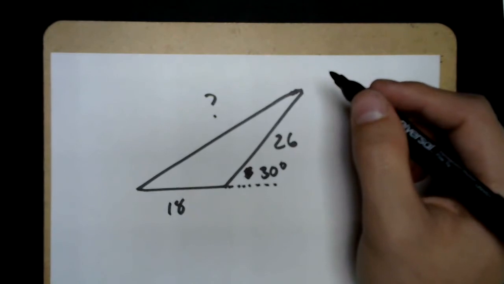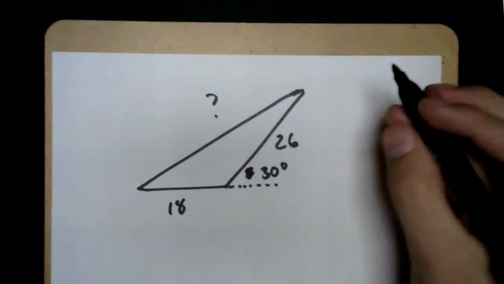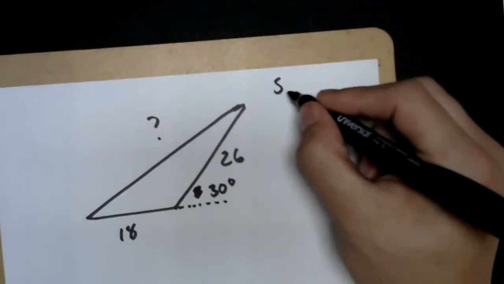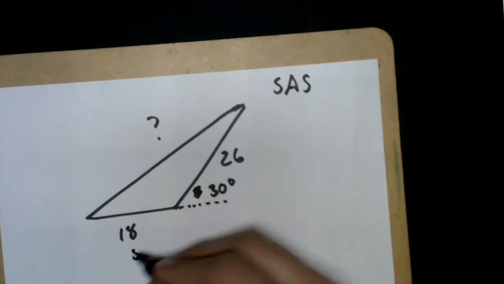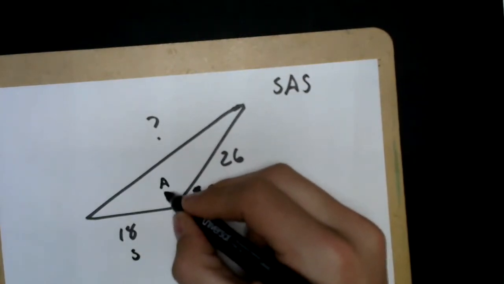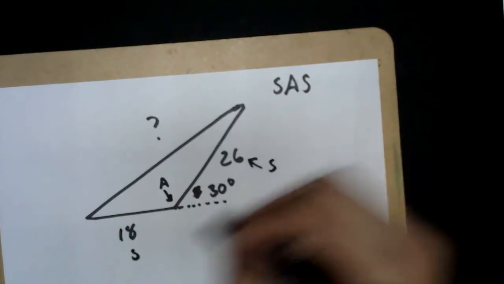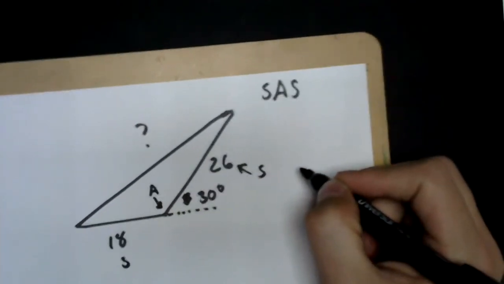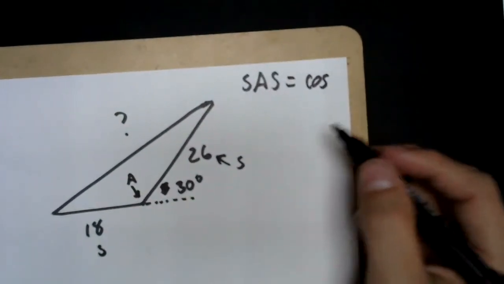Well, you don't know, because if you remember, with an angle and a side, this is your side, here's your angle right here, and here's your other side, going left to right, it is a cosine related problem.